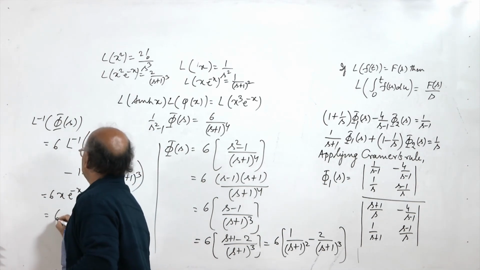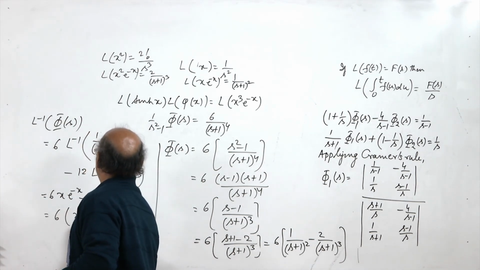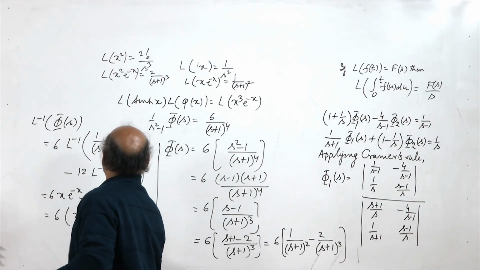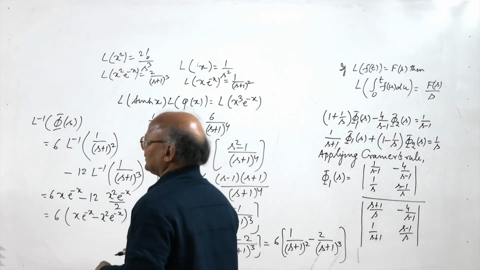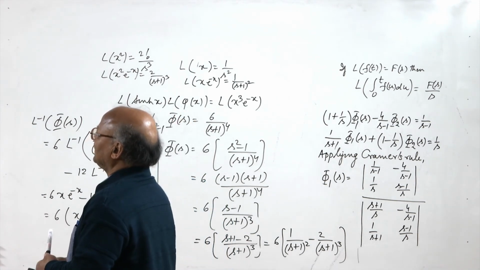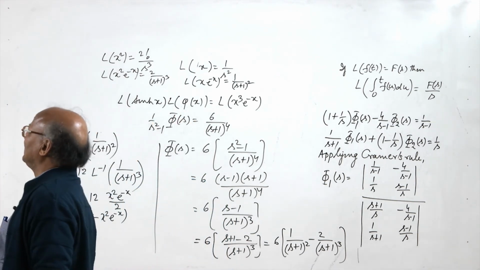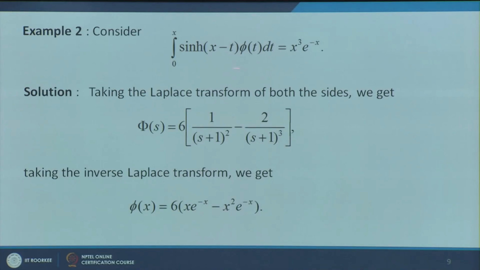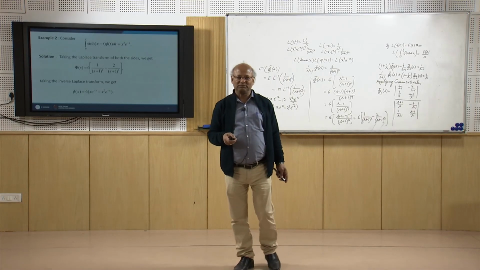So, we get 6 times x e to the power minus x minus 6 times x square e to the power minus x. So, this is how we get the solution of the integral equation of first kind of convolution type. With that, I would like to conclude my lecture. Thank you very much for your attention.